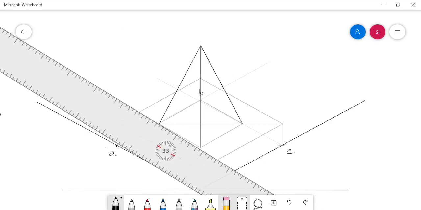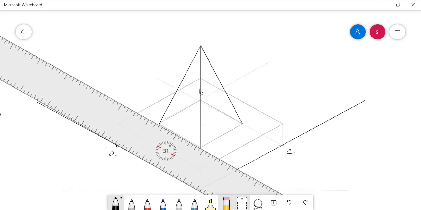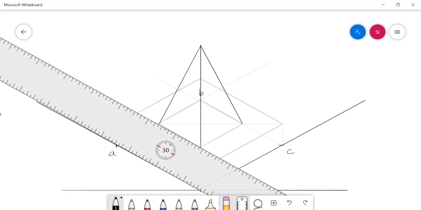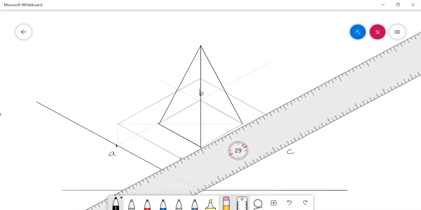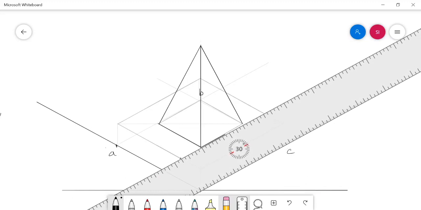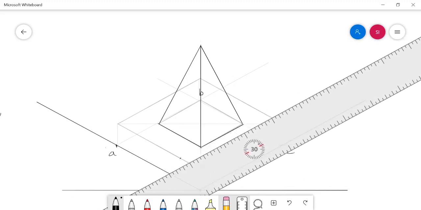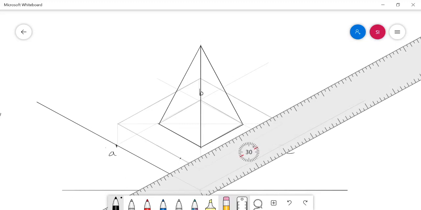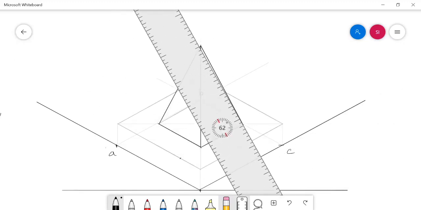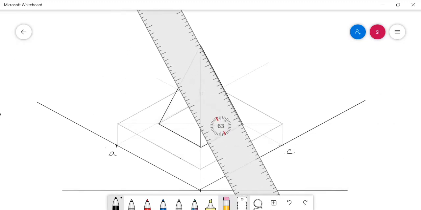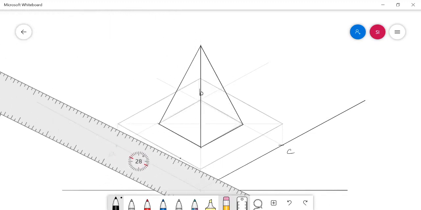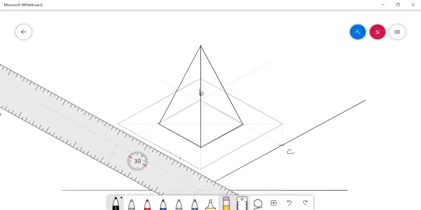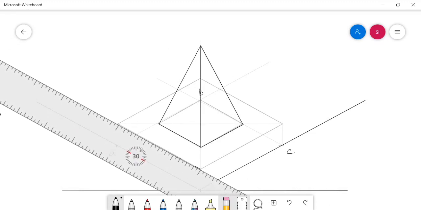And then we can connect all the visible edges with the HB pencil, for both bottom and the top solids.